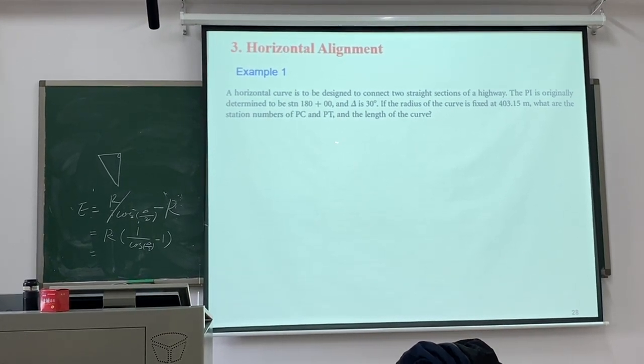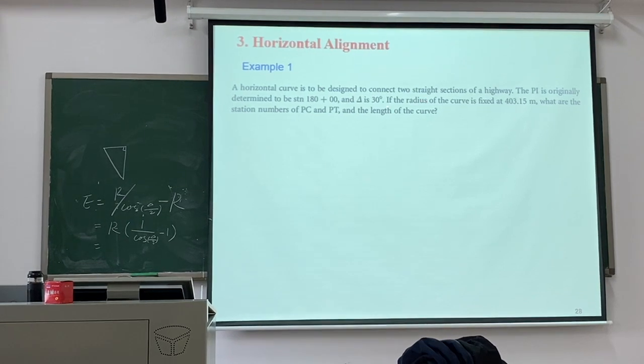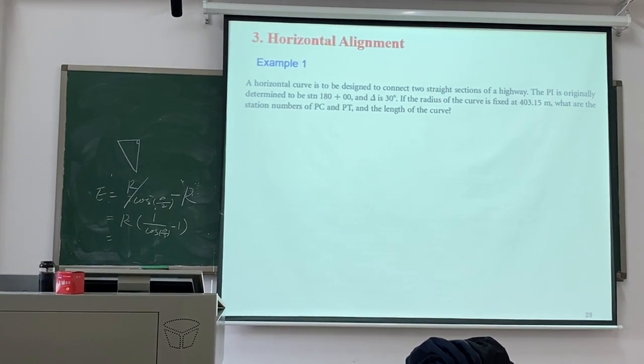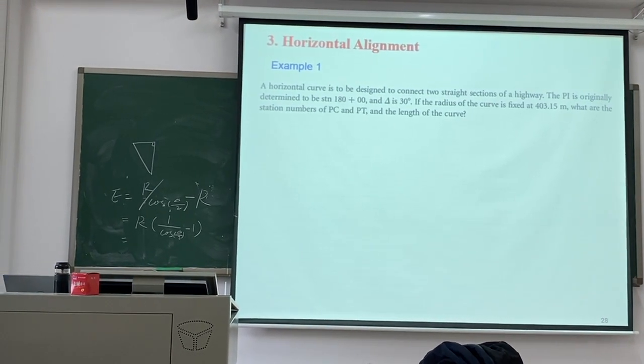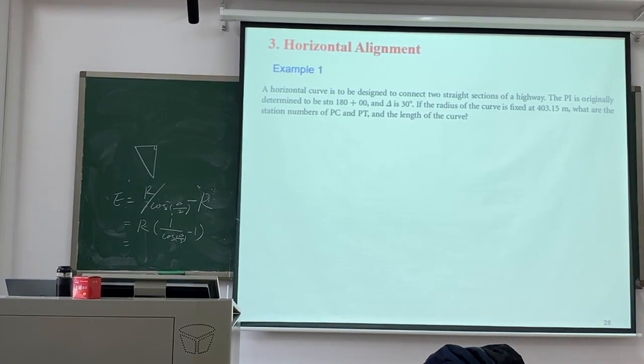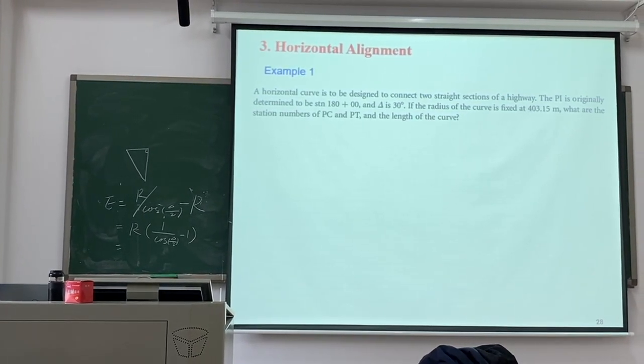We can spend 5 minutes to calculate. A horizontal curve is to be designed to connect two straight sections of the highway.